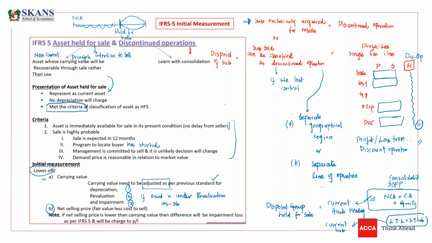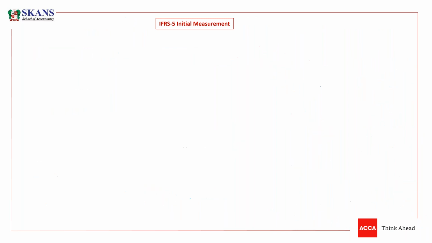You will take net selling price or you will take fair value less cost to sell. Now, what is next? So you need to recognize at lower of. Now we need to make certain journal entries and we will understand this concept and then we will be solving the question.